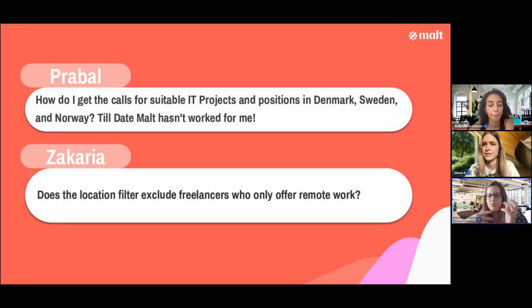So the notion of location will change, but you will, of course, have some info around this. And so I think that the location is important today. So if you want projects more around your country and close to you, it's better if you put a city and not just remote.